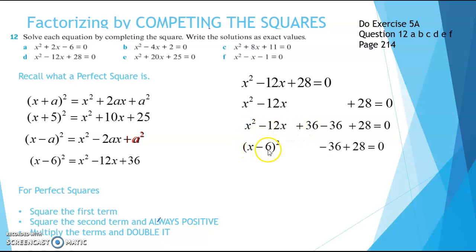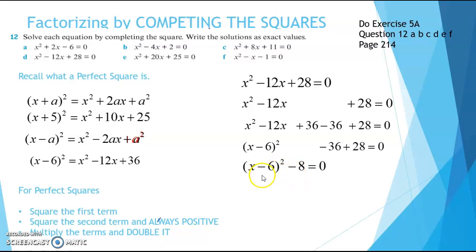So x minus 6 all squared. Just check: square the first term, square the second term, always positive 36. Multiply the two together and double it. And of course, remember, we now have the negative 36 plus 28, which reduces to x minus 6 all squared minus 8.